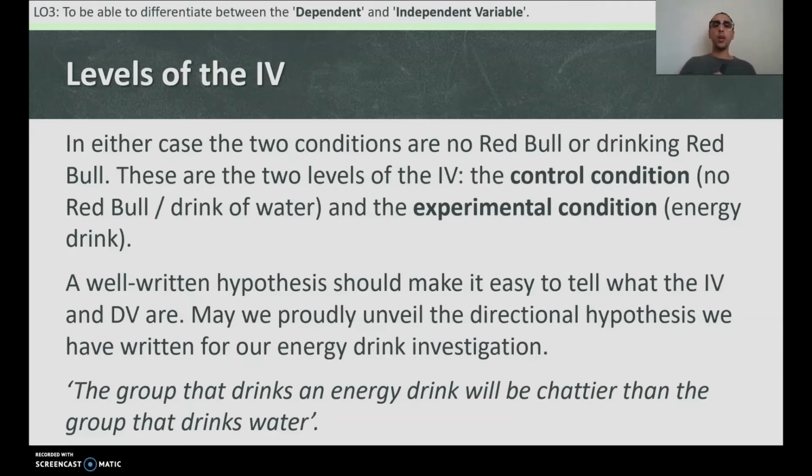So the two conditions are whether they drink energy drinks or whether they drink water, and the dependent variable is whether they will be chattier. We're predicting which direction it will take, and we're predicting that the people that drink energy drinks will be chattier than those that drink water.